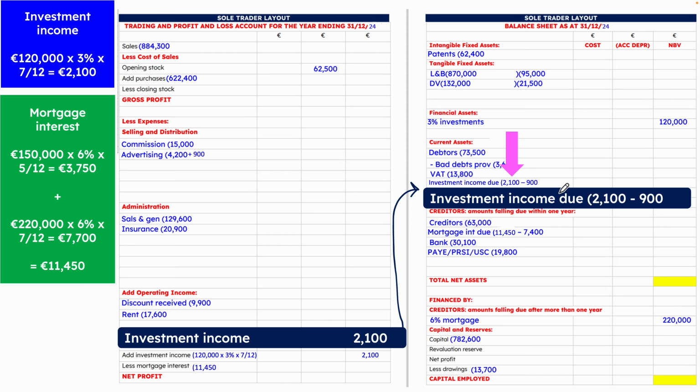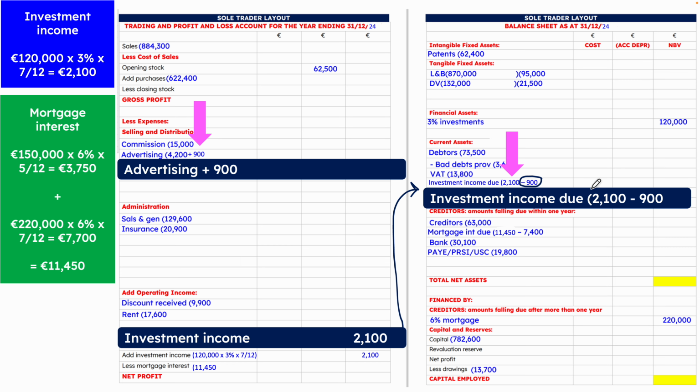So you've got the amount for the year, the 2,100, but we're minusing the 900 that had been shoved into the advertising account by mistake. And you'll see over here, into the advertising, I'm adding the 900 so that we have now got the correct advertising figure. Okay, so that was a really tough one for students this year.